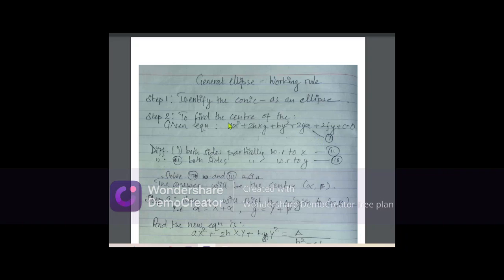Then to find the center, differentiate equation 1 on both sides partially with respect to x, and let it be equation 2. And again, differentiate equation 1 on both sides partially with respect to y, and let it be equation 3. Then solving these two equations 2 and 3, we will find the value of the center.